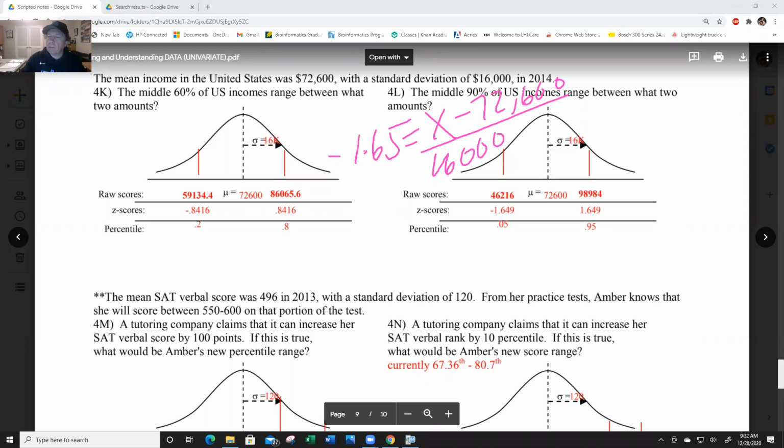That'll give you one answer. And then 1.65 equals x minus mu, 72,600 divided by 16,000. Okay? Sound good? All right, so there is L. Okay, for K and L. All right, the next one there.